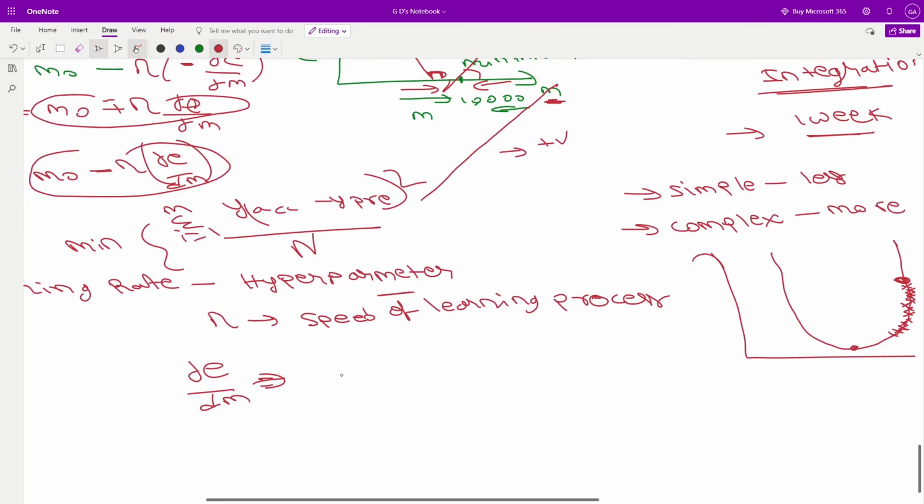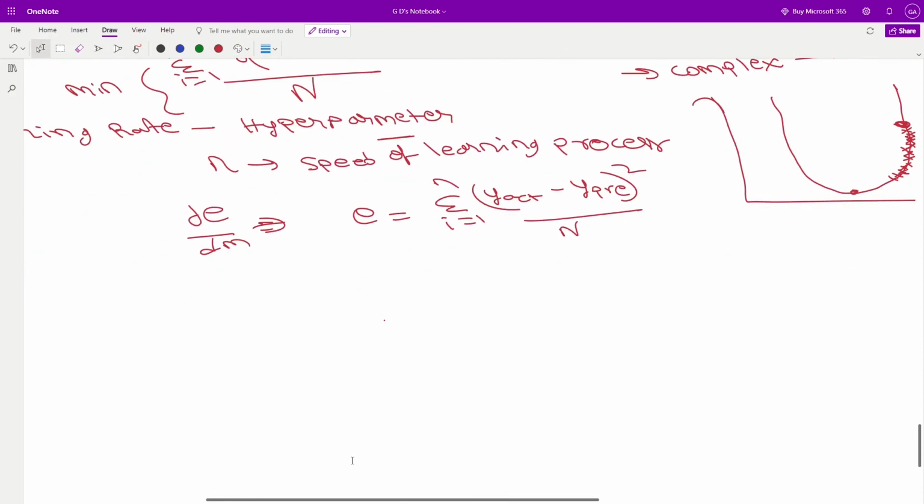E is nothing but the summation of i equals 1 to n of (y actual minus y pred) whole square, divided by n, right? This is what your e value is. Now let me substitute this e value in this equation.